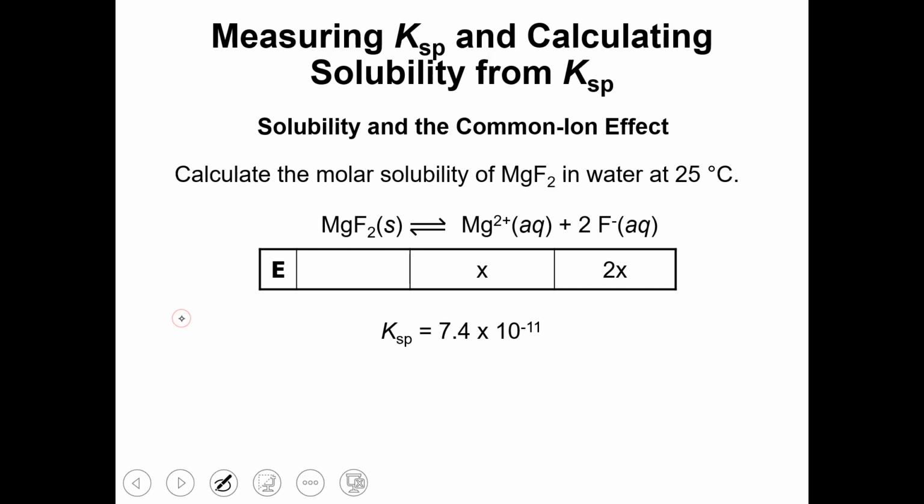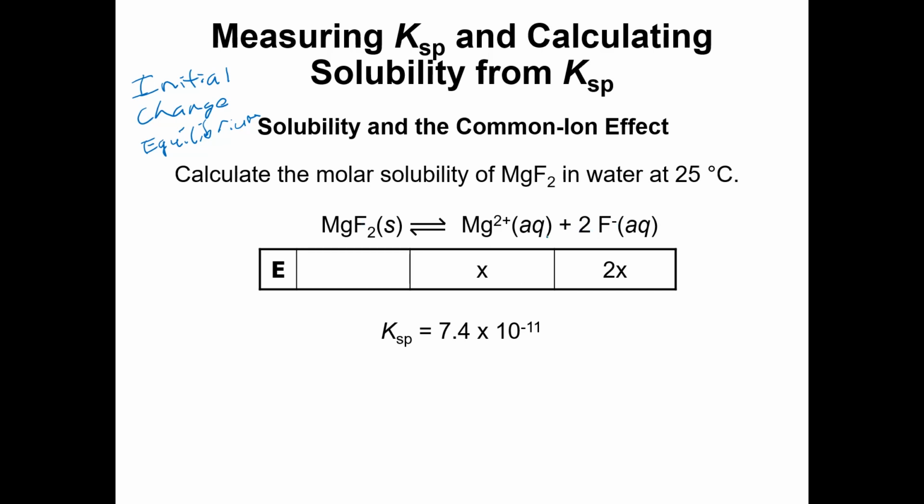Remember, we had the initial concentration, the change in concentration, and the equilibrium concentration. Well, we really only need to write equilibrium here, because if we just added magnesium fluoride to our water, our initial concentration is going to be 0.